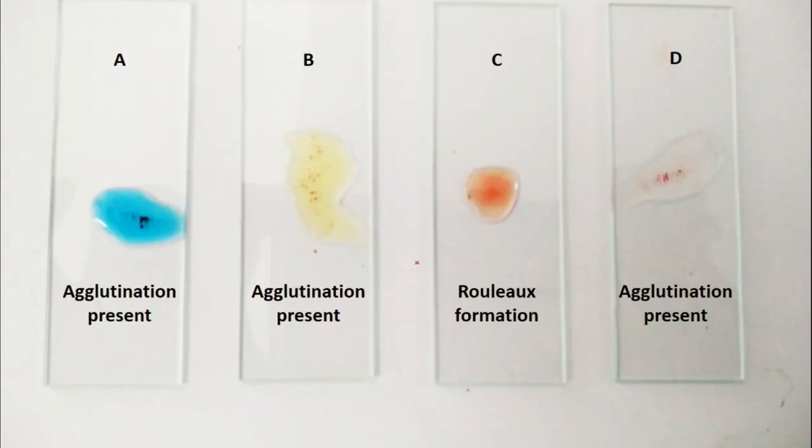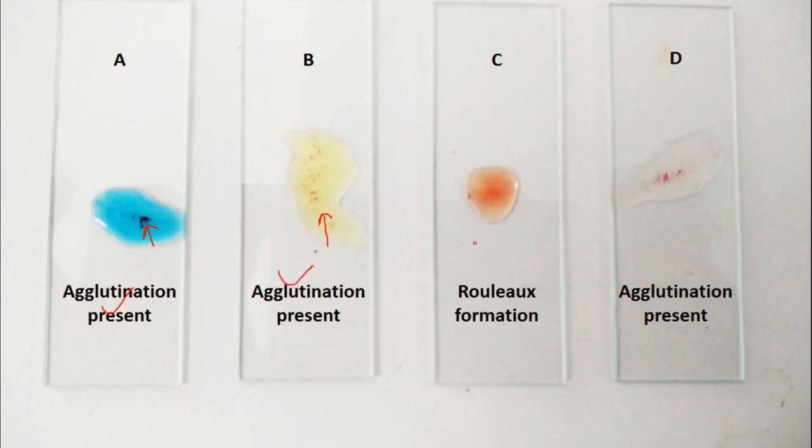Agglutination means there is the appearance of some dust-like particles in the solution. So in slide number A, you clearly find these dust-like particles, so agglutination is present. In slide number B, you also clearly find these dust-like particles, so agglutination is present.